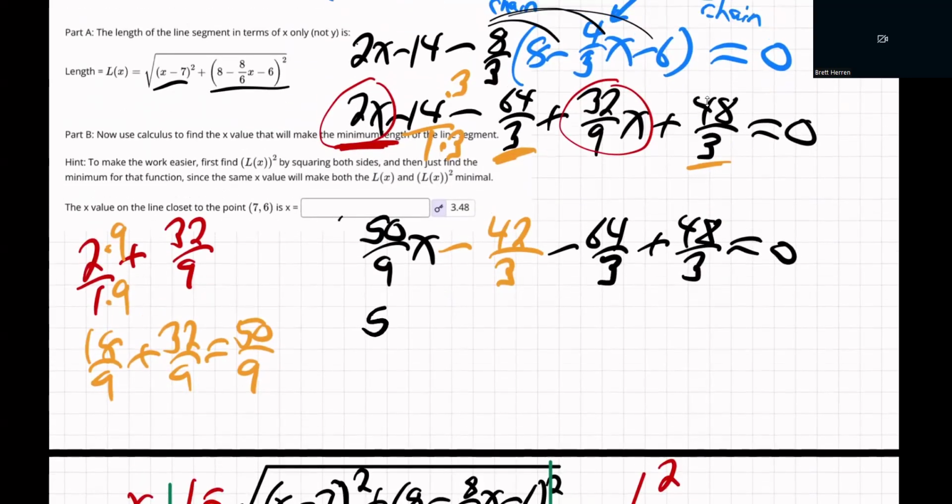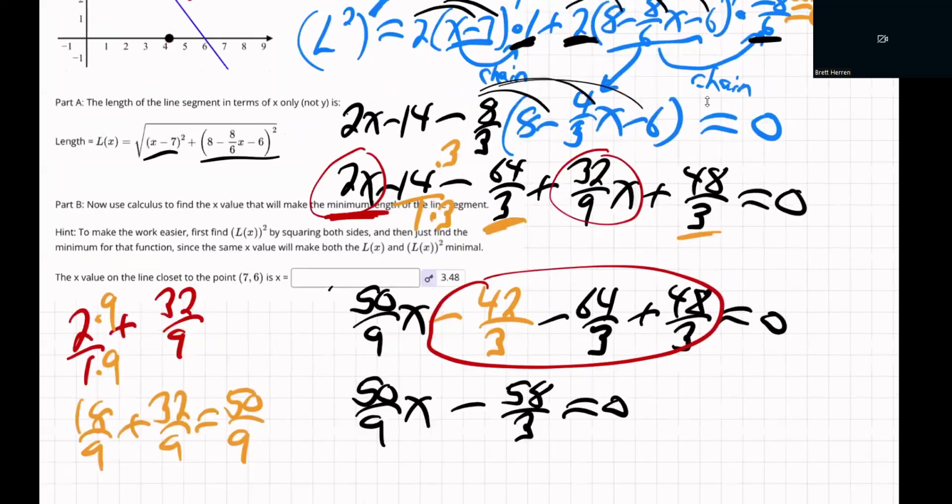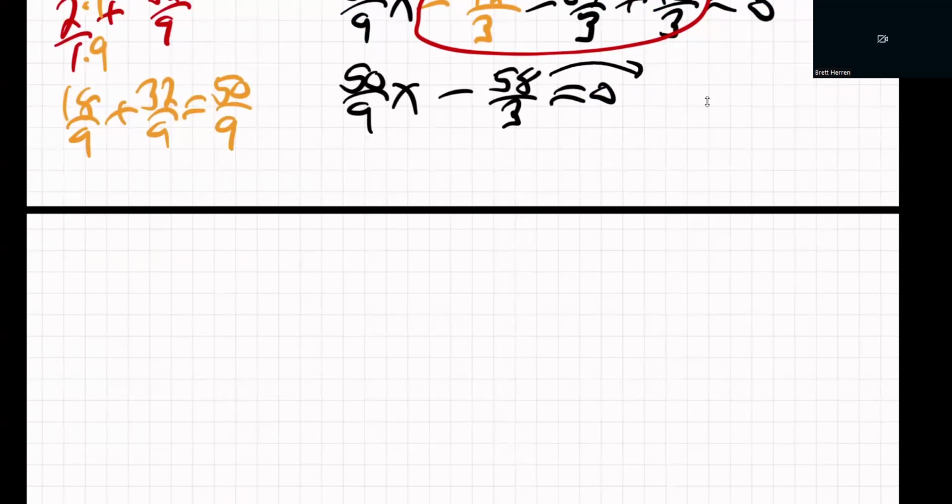Some ugly fractions here. 50 over 9 x. And then these three combined, use your calculator if you need to. I need minus 106. Wait, what is it? 48 minus 64 is minus 16, so minus 42 minus 16, it's minus 58 thirds. So minus 58 thirds equals 0. We are close. This one just won't finish up for us. And then bump this to the other side.